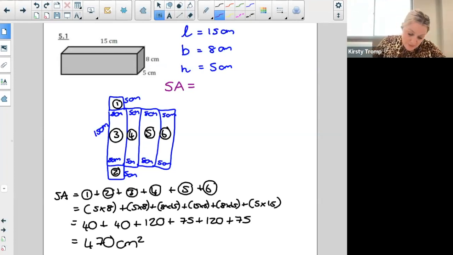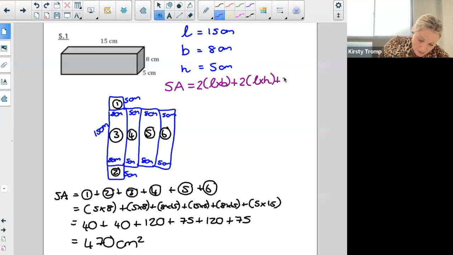We're going to say 2 times by length times breadth plus 2 times by length times height plus 2 times by breadth times height.